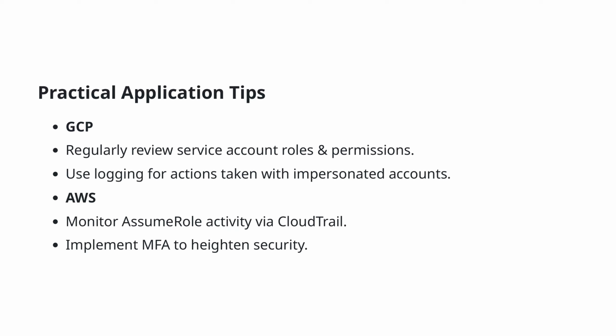For AWS, monitoring AssumeRole activity via CloudTrail is an essential practice. This allows you to keep track of the usage of temporary credentials and the assumption of roles, which is particularly useful in identifying unusual or potentially unauthorized activities. Furthermore, implementing multi-factor authentication, MFA, adds an extra layer of security, making it more difficult for malicious actors to gain access.